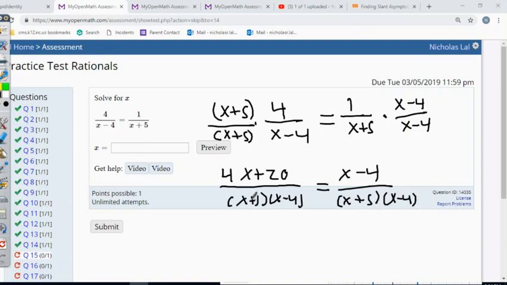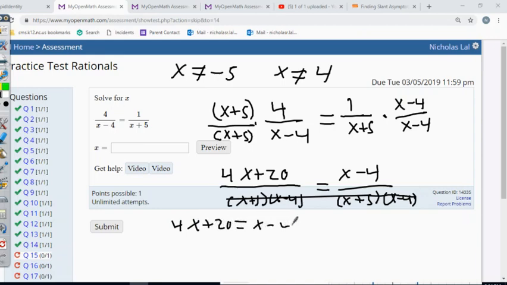So once again, cancel everything out, knowing that x cannot equal -5, x cannot equal +4. And so we have 4x plus 20 equals x minus 4.